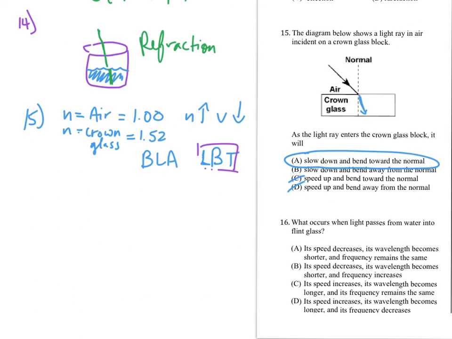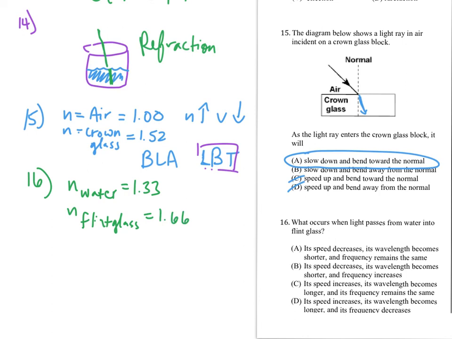Okay, number 16. What occurs when light passes from water into flint glass? Water is going to equal 1.33, and the N of flint glass is 1.66. At this point, I've had it memorized.